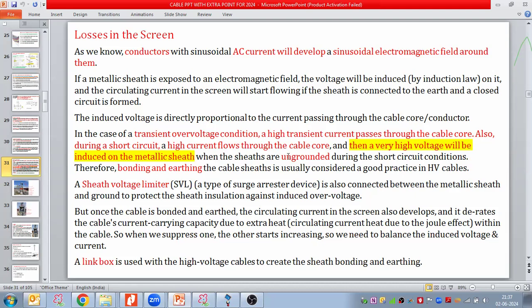So when the sheath is ungrounded during short circuit or transient conditions, this high voltage will be induced. If I have done grounding, then what will happen? Voltage will be induced, but current will also flow, and that current will enter into the ground. Then, if current is entering into the ground, I have provided a grounded point. In that case, the voltage will be 0.